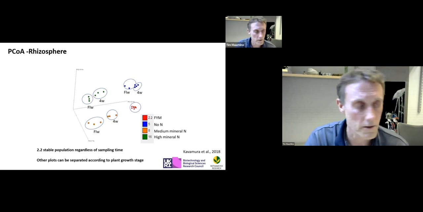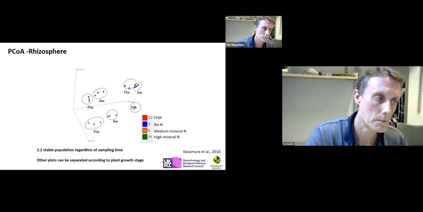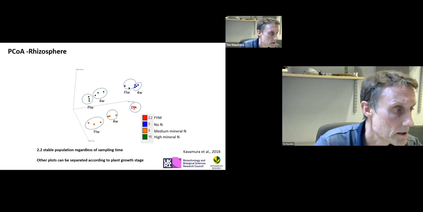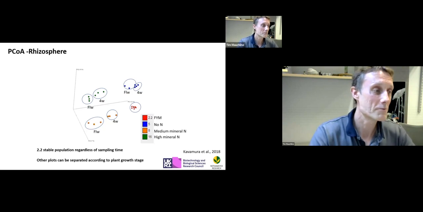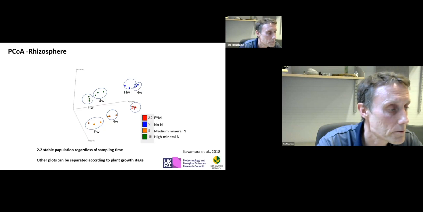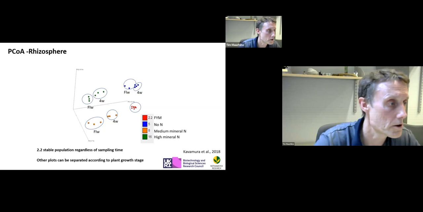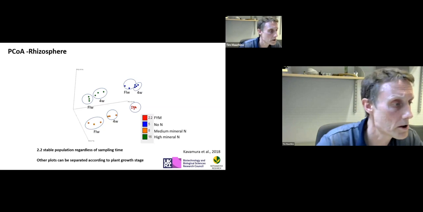But this wasn't the case for the farmyard manure, so for some reason this is a more stable system in terms of community dynamics. There are various reasons this could be, but one could be that the addition of organic matter in the farmyard manure could itself contain members of the microbiome.